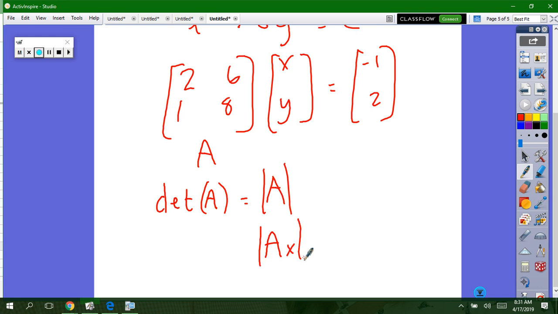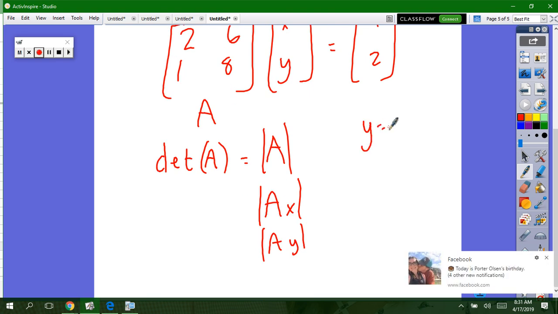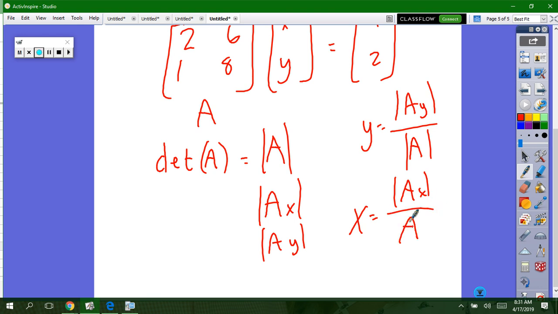And then I need to find the determinant of AY. What Cramer's rule says is that Y is equal to the determinant of matrix AY over the determinant of matrix A. X is the determinant of matrix AX over the determinant of matrix A. It's really simple. It might look a little bit harder than it is.